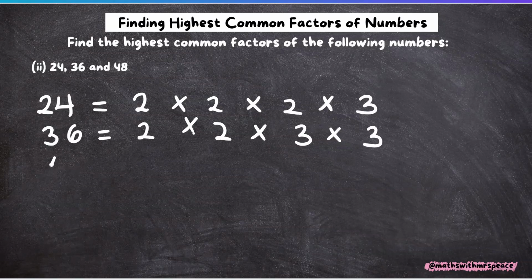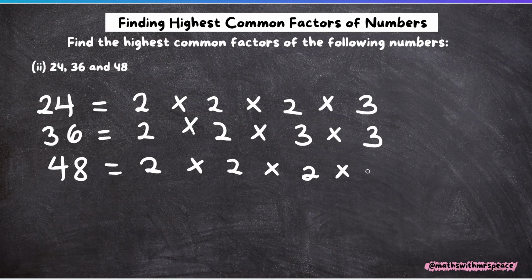And finally, for 48, we're going to get 2 times 2 times 2 times 2 times 3. So 2 times 2 is 4, 4 times 2 is 8, 8 times 2 is 16, and 16 times 3 will give us 48. You can check the other numbers as well to see if you have expressed them correctly.